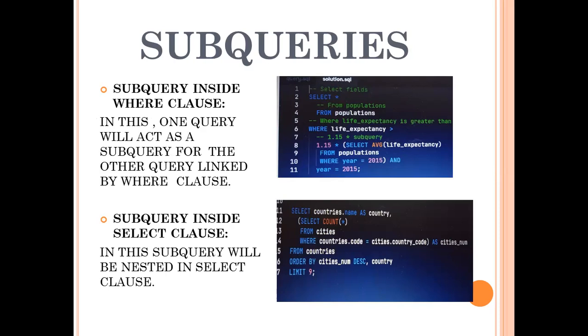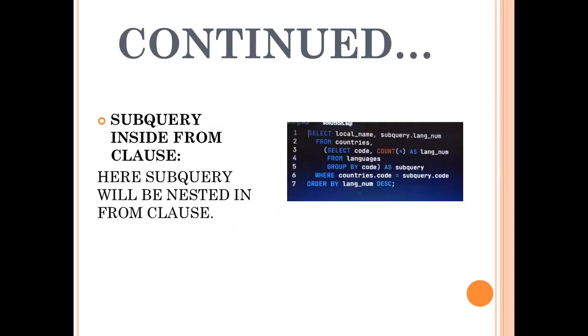Talking about a subquery inside the select clause. Simply the select segment will be written and then in the parenthesis another select segment will be written. This will be called a subquery inside the select clause. In the case of the from clause, you will write the first query, then you will nest the second subquery in that query in parenthesis in the from statement.